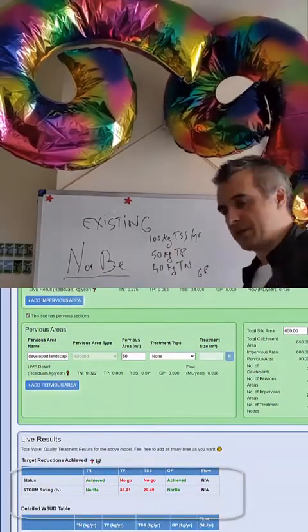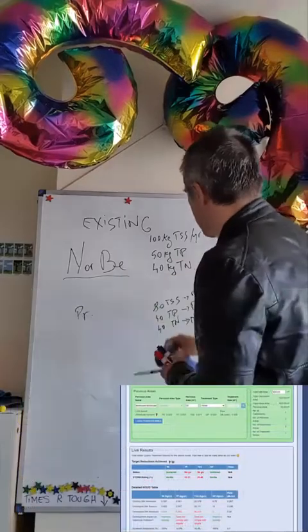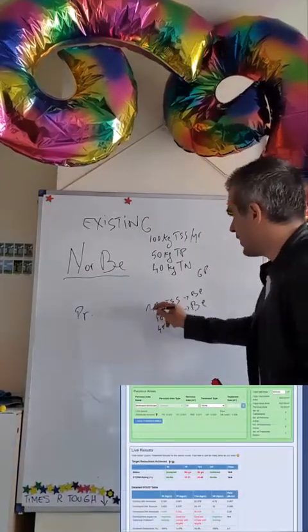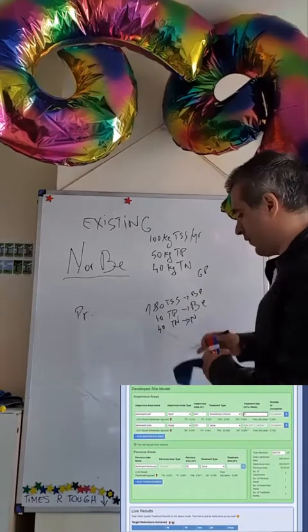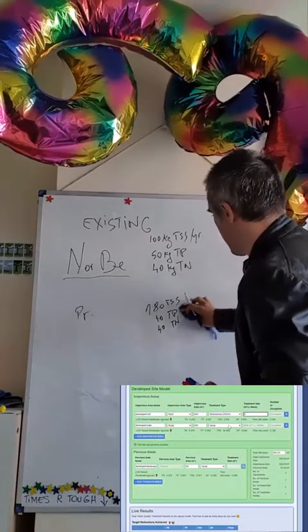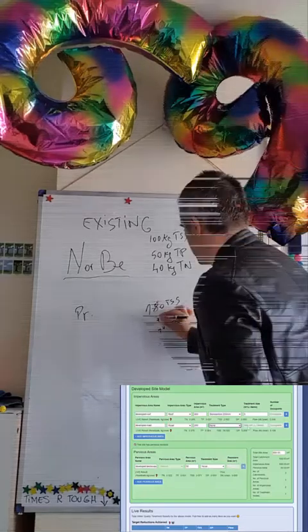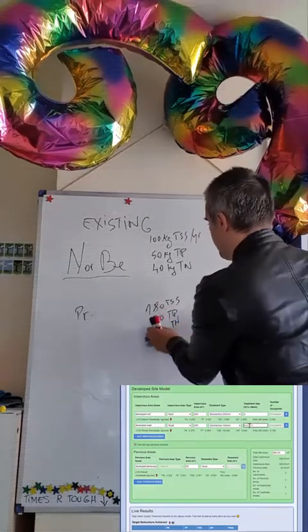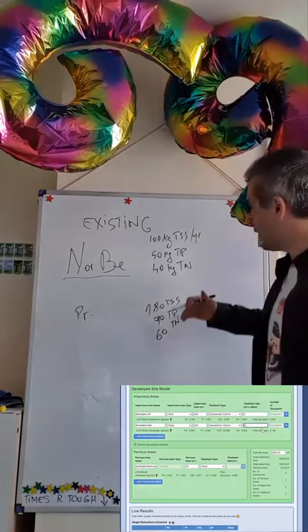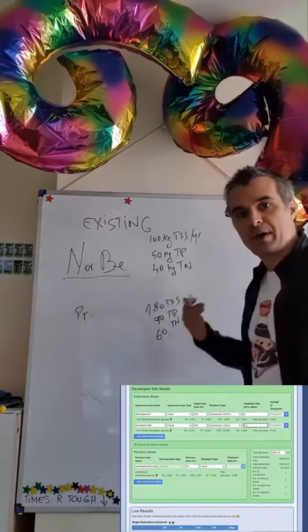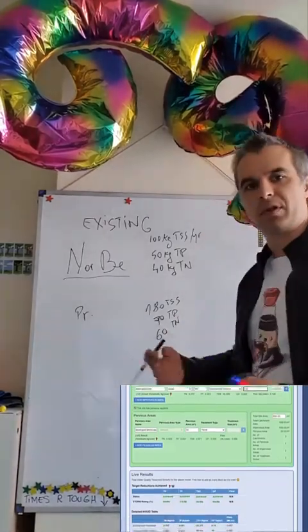But wait, you say, what if you are generating 180 kilograms of TSS and let's say 70 kilograms TP and let's say 60 kilograms TN. Obviously, you are generating more than what you had. However, this is still a small development.